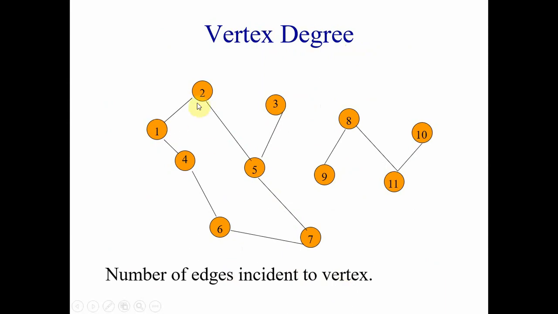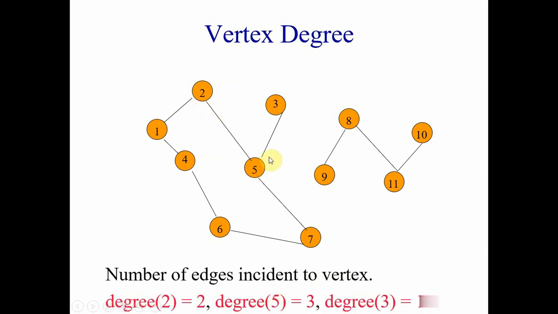For example, you can see that vertex 2 has 2 edges connected, 5 has 3 edges connected to it, and 3 has 1. So these are examples to show you the degree of a vertex.